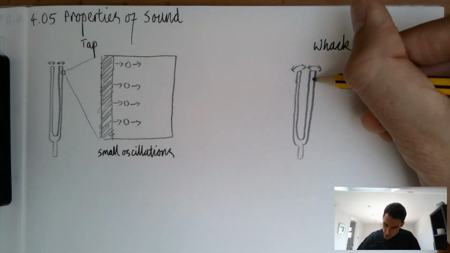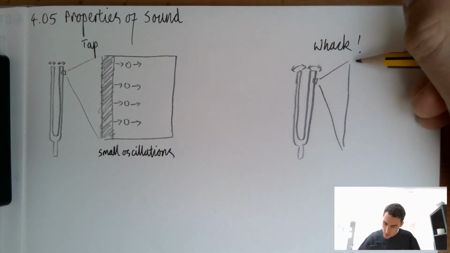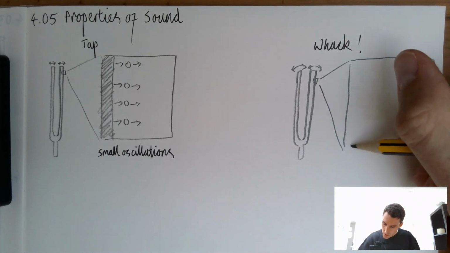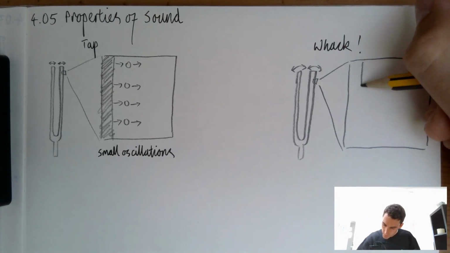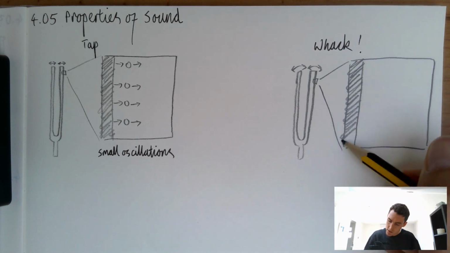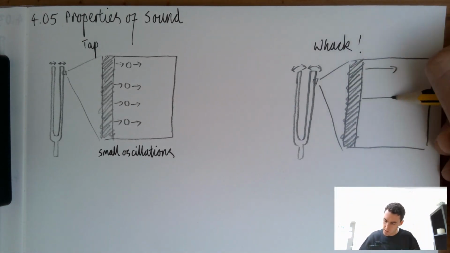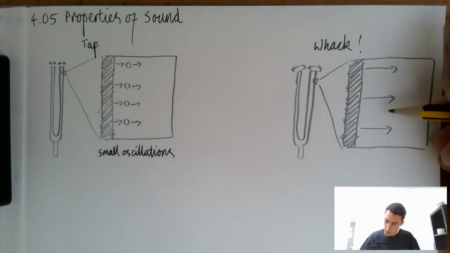So I'm going to show this. I'm going to zoom in on the particles as follows. I'm going to show that in this case, my maximum disturbance, or what we might say later as a maximum displacement of my tuning fork, is going to be a lot bigger.